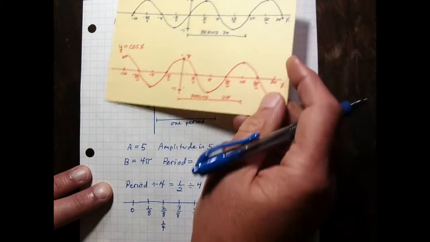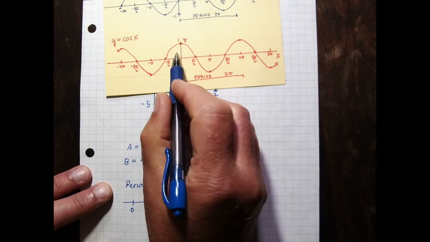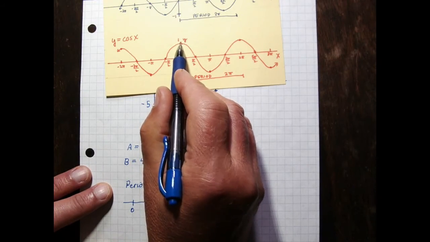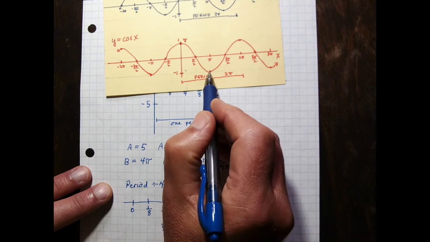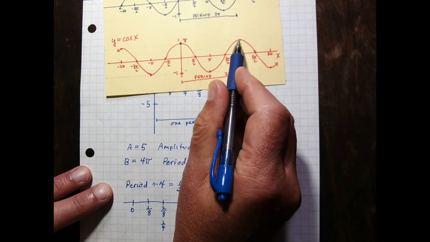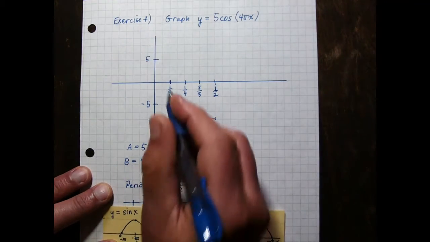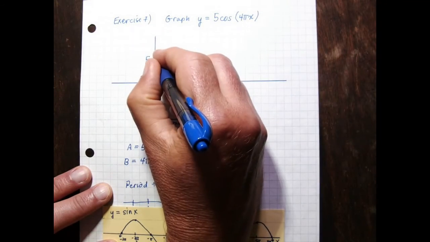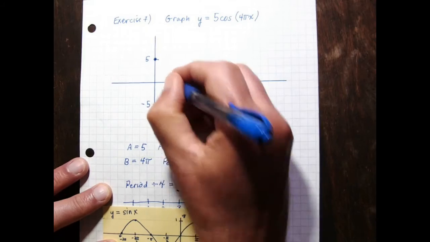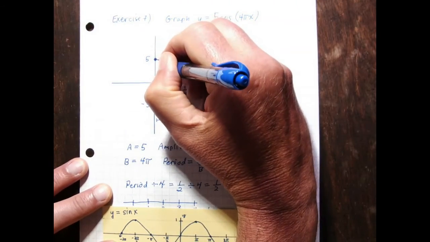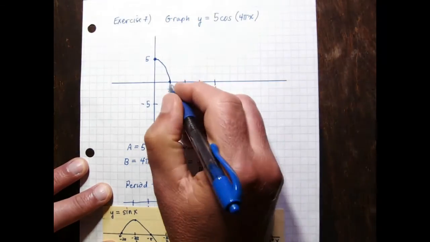Now, I'm graphing a cosine function, so I know I'm going to start at a high point, then a 0, then a low point, then a 0, then a high point. Instead of my high point being at 1, because of the amplitude here, I'm going to start at 5, then at 0. So that first portion of the graph dips down to 0 at 1/8.